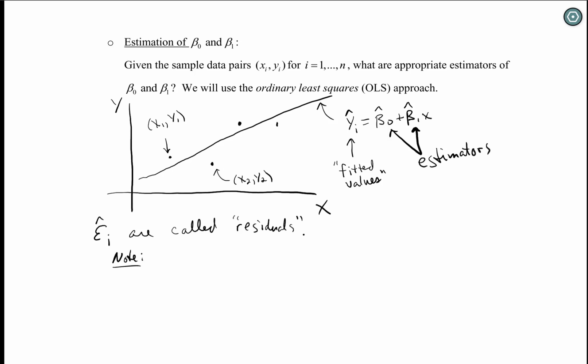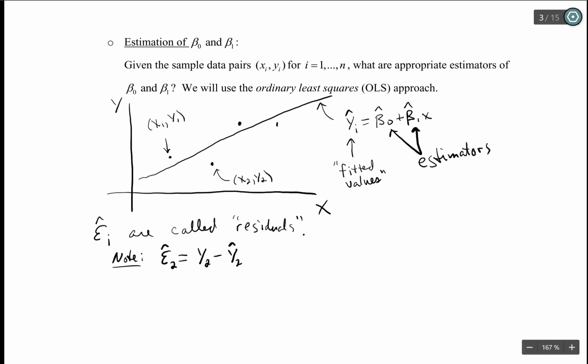Let me define one in particular for you. Epsilon 2 hat is defined to be y2 minus y2 hat. The residual is the difference between the line and the data point via the response.